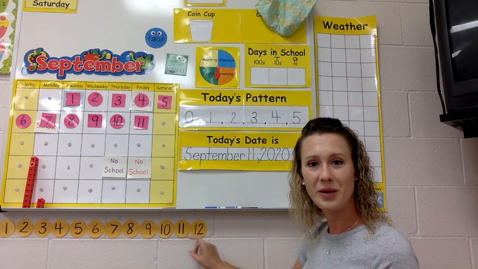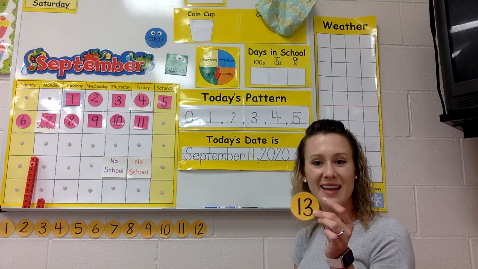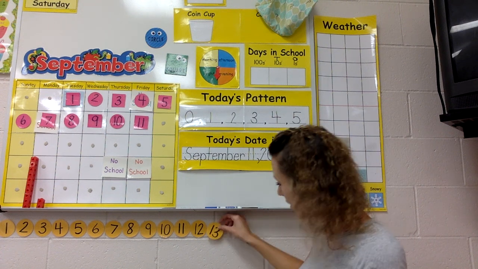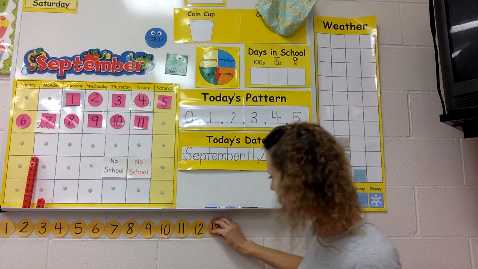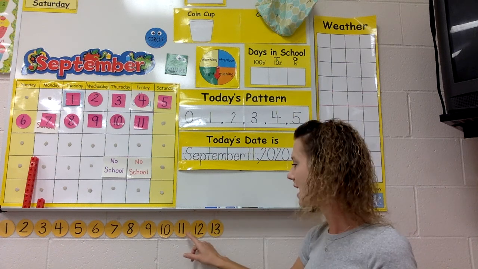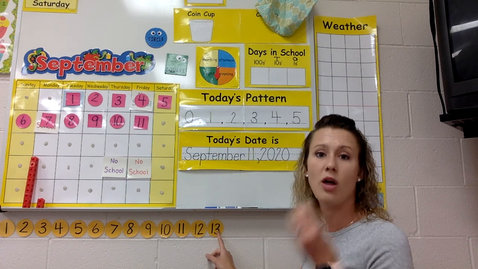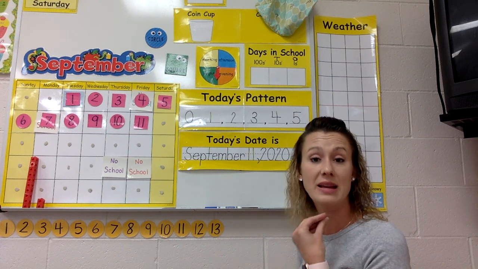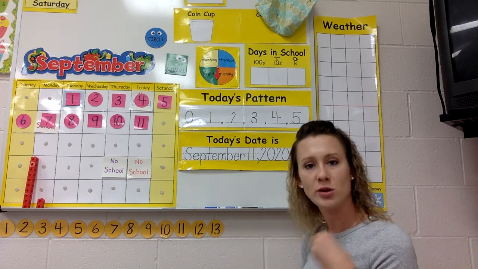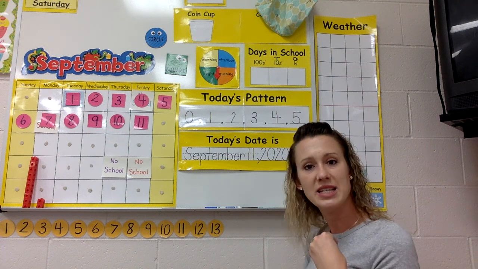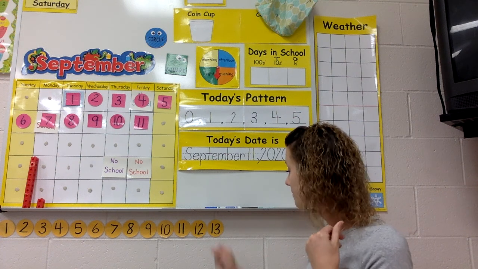A 13 is a 1 and a 3. All of our teen numbers start with a 1. Even though we don't say 11-teen or 12-teen, it's just 11, 12. And then all of the rest of these numbers that start with a 1 have teen at the end. 13, 14, 15, 16, 17, 18, 19.